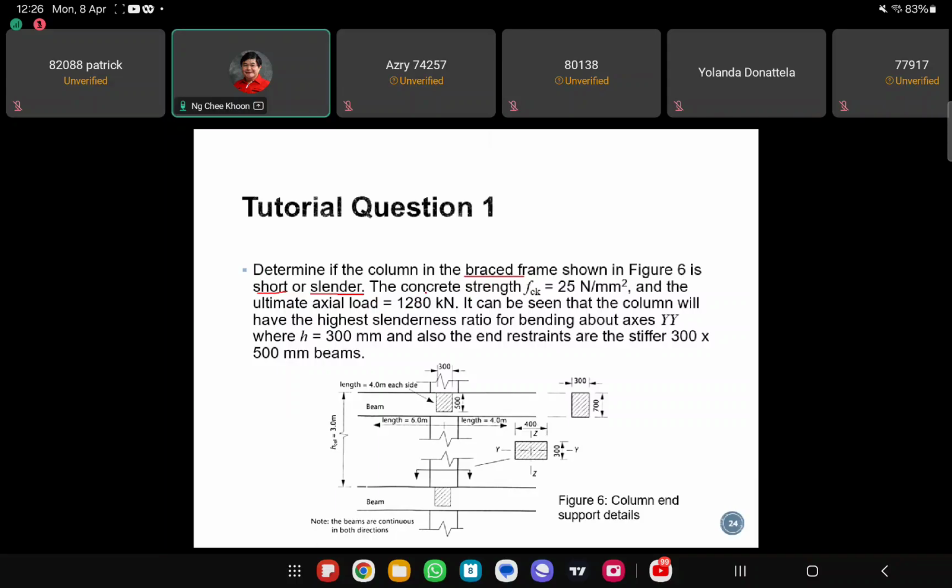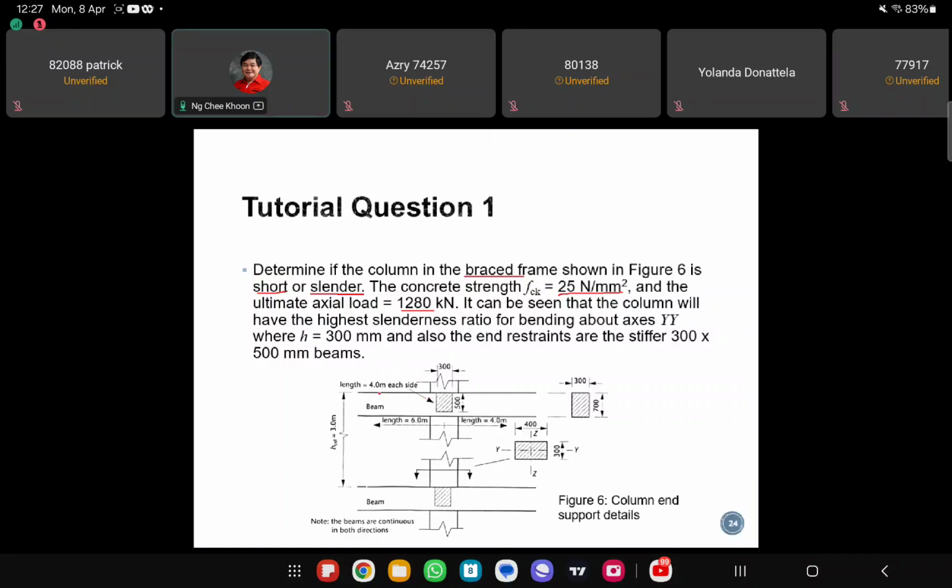Okay. So the concrete strength is 25 Newton per square millimeter. Ultimate axial load is 1,280 kilonewton. And then the column will have the highest slenderness ratio for bending about the y-axis, where h equals 300 mm, and also the end restraint is the stiffer 300 by 500 mm beams.